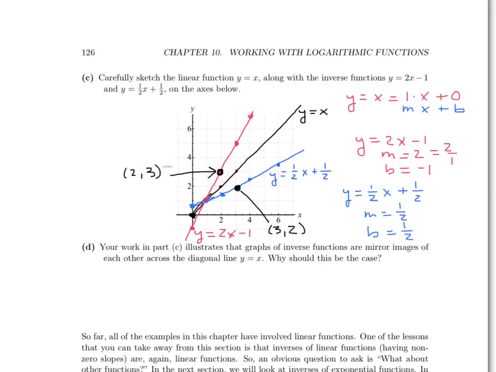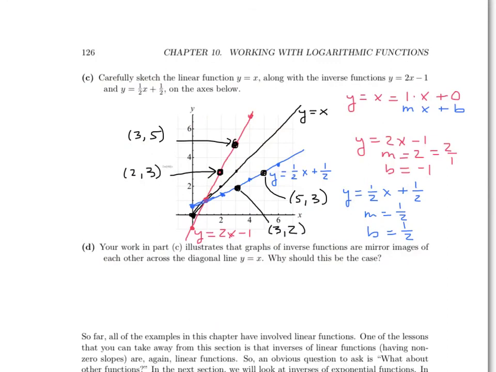Similarly, if we take the point right here, this is the point 3, 5, and if we look over here, this is the point 5, 3. Again, the input-output pairs are reversed from each other, and these 2 points are really on exact opposite sides of the diagonal.